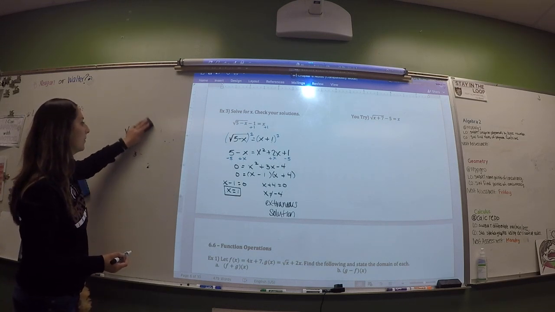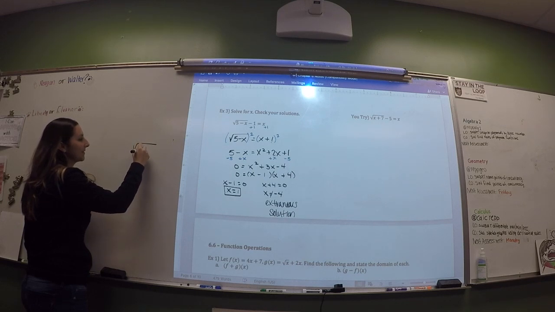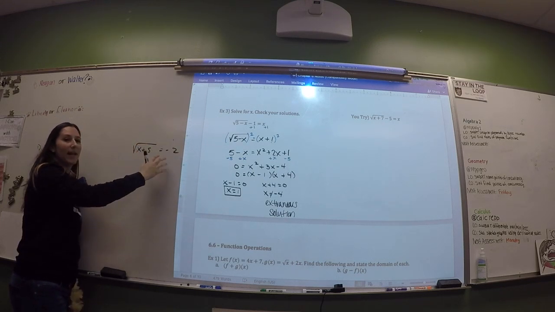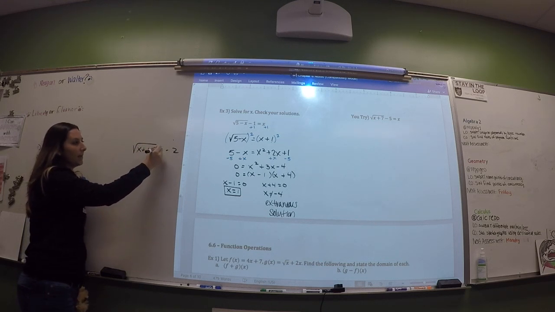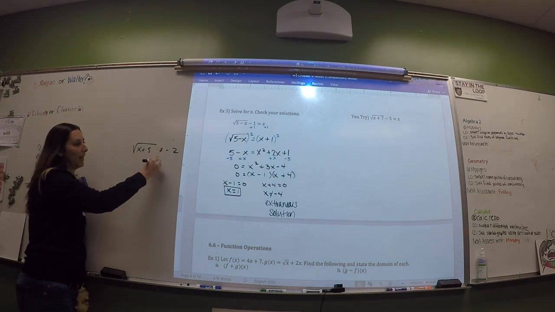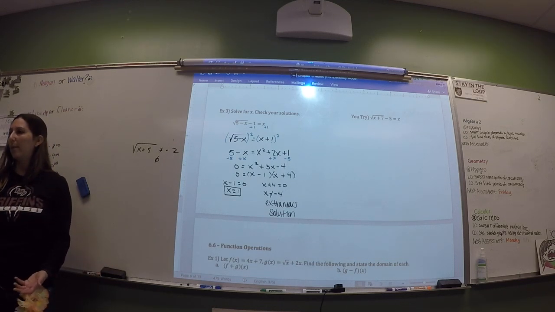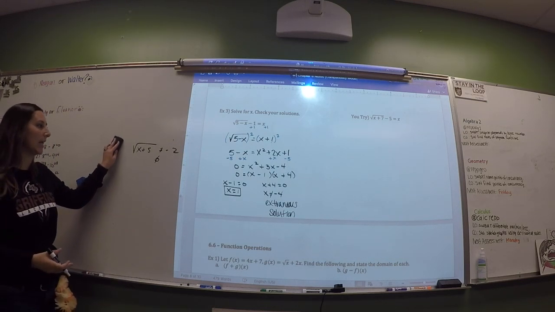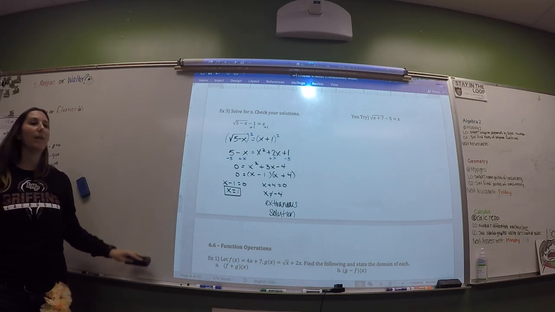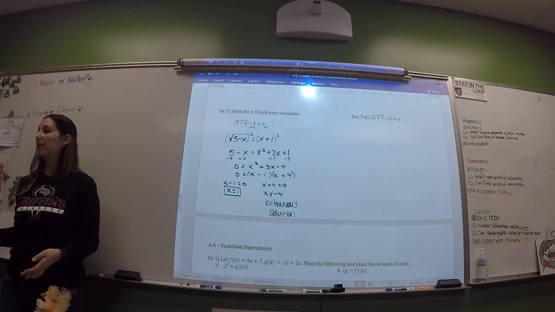So for example, something like this doesn't have a solution because there's no number that you could plug in here that when you square root it gives you a negative, right? Square roots are always positive. So this would have been no solution. You would have probably gone through all the steps to solve it and wasted your time. So that's why you should check it, just in case the original question didn't have a solution to begin with and you just did math and didn't pay attention to that.